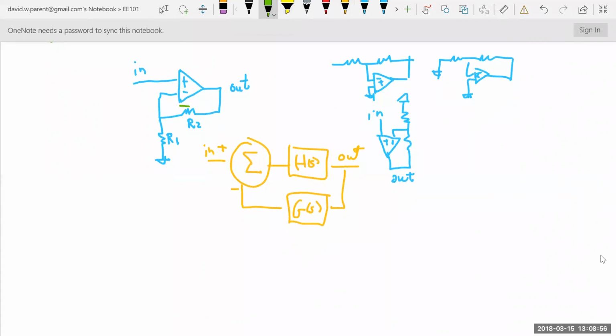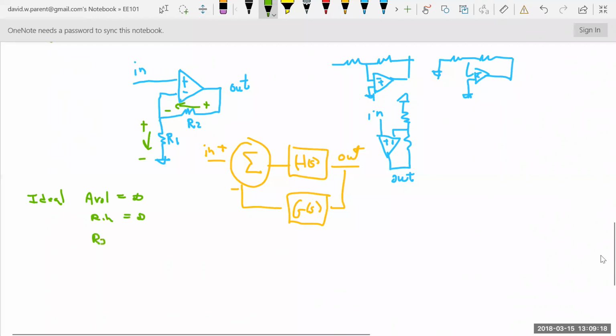I'm going to put some current directions and some voltage drops. I'm going to say that it's ideal. That means open loop gain infinity, R infinity, R2 gives negative feedback, right?